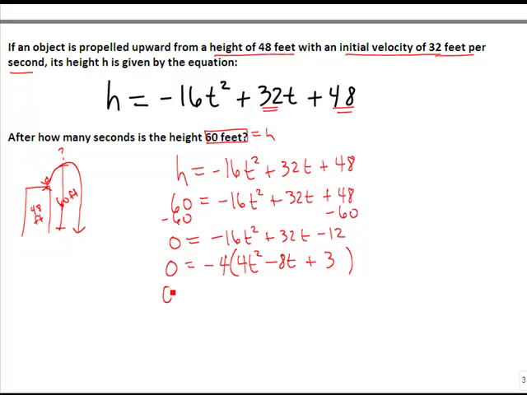So let's try our reverse FOIL. I'm going to leave that negative 4 out front for now, and we're going to set up our 2 sets of parentheses. We need 2 things that multiply to 4t squared. So I know I need some t's, and the way I could get 4 is either with a 2 times 2, 4 times 1, so there's a couple options there. On the other side, we need 2 numbers that multiply to 3.